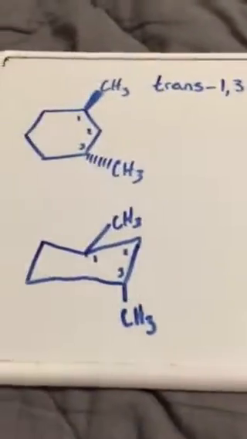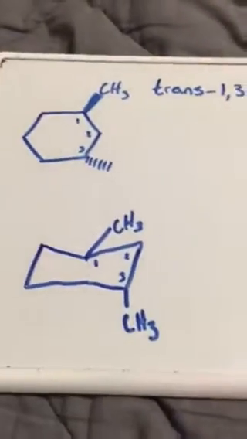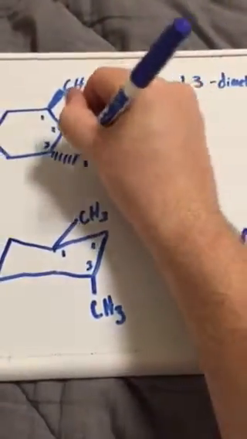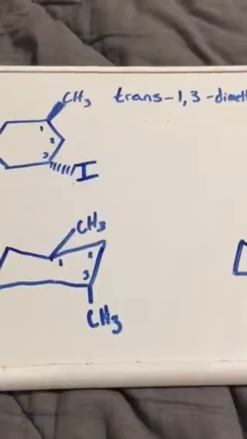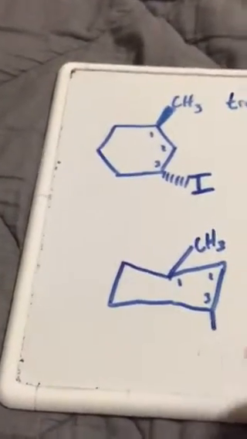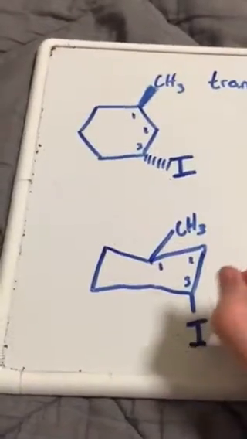So let's say instead of a CH3 group here, let's say this is an iodo group, okay? So then what that does is say we'll make this axial, an axial iodo group, and then over here it's going to be an equatorial iodo group.